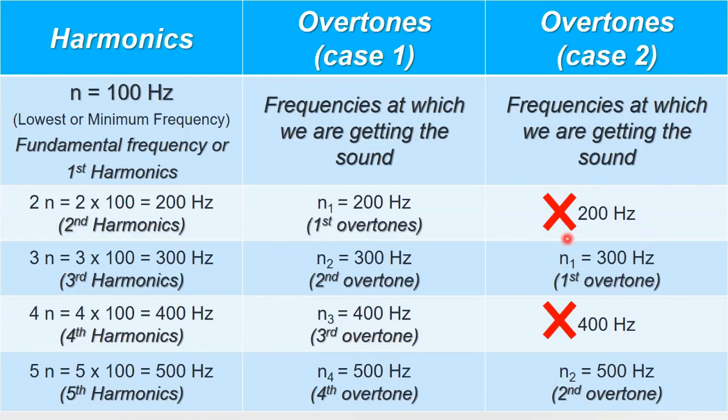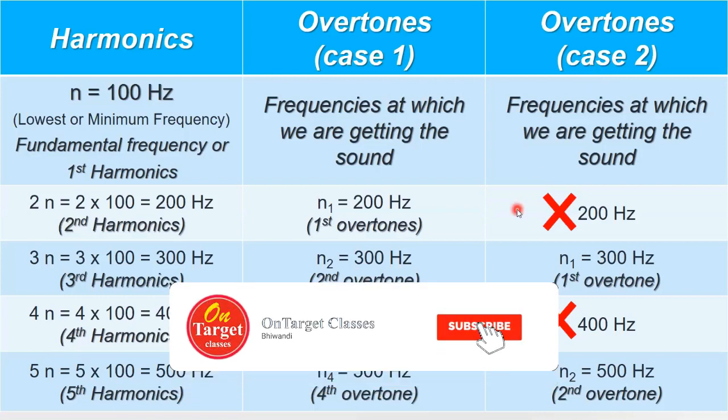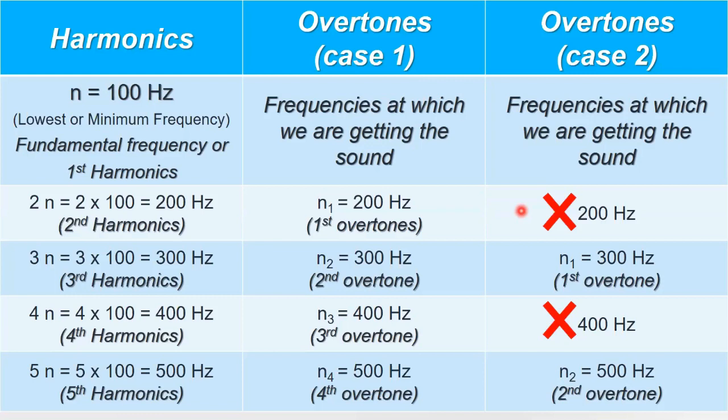We are getting 300 Hertz. After the 100 Hertz frequency, we are directly getting 300 Hertz in the given sound. That is, in case 2, the 200 Hertz sound is absent. It is not present in the given sound.